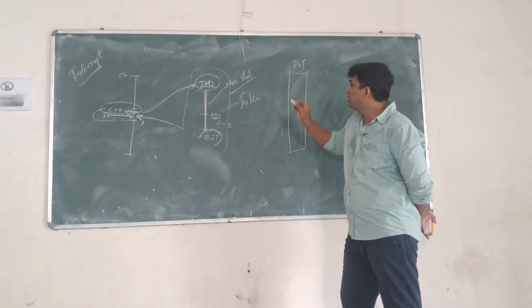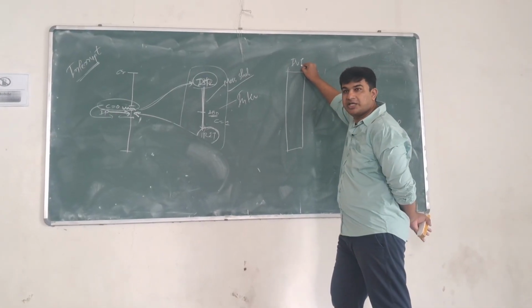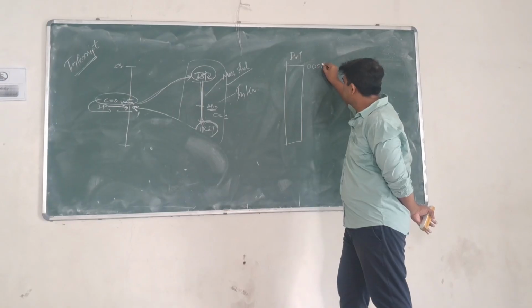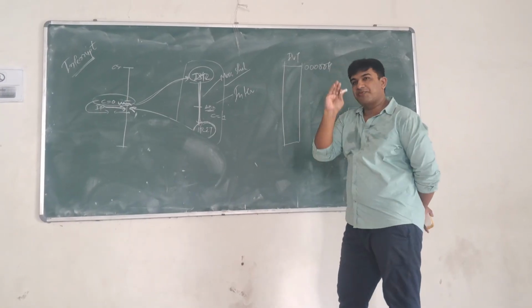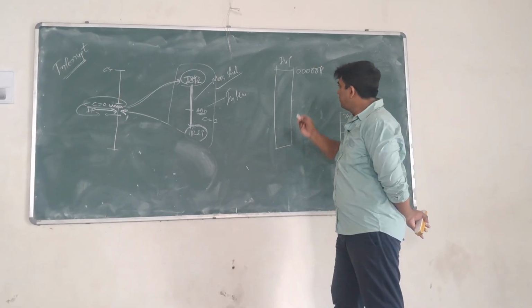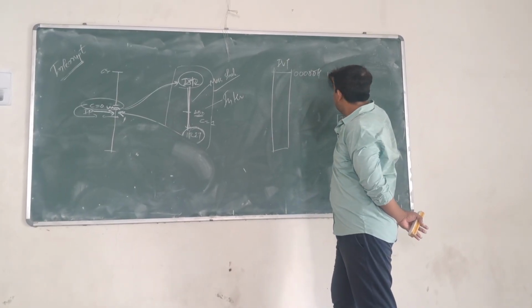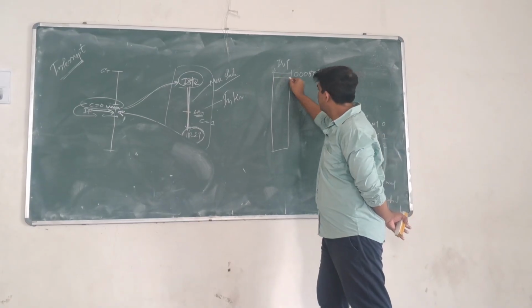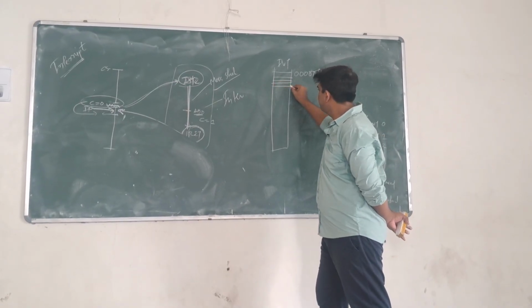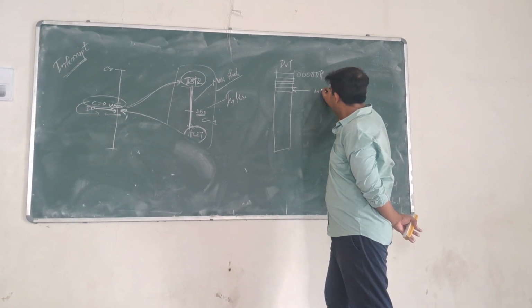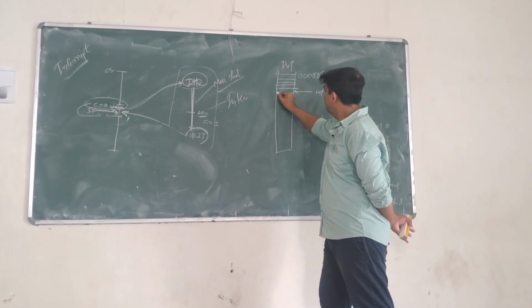What is the name? Interrupt Vector Table. It always starts on location 00000H. So from the first location, your IVT will get started. Understand? Now it is going like this. INT0 is stored over this location, 1, 2, 3, 4. Now on this location, INT1 is stored.